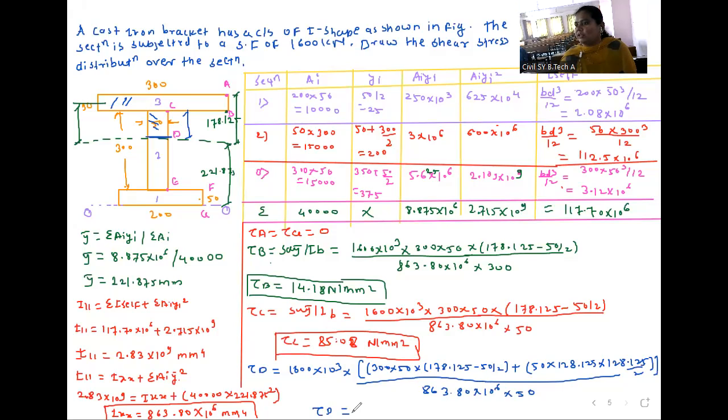So tau D is equal to, yes, tau D is equal to how much?